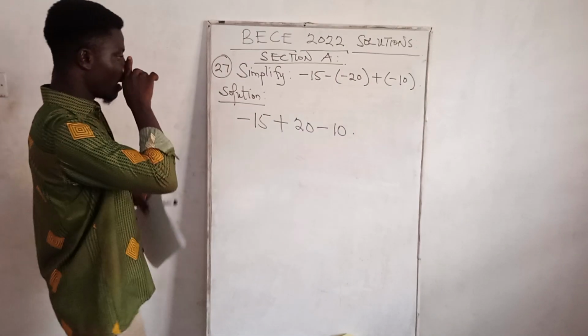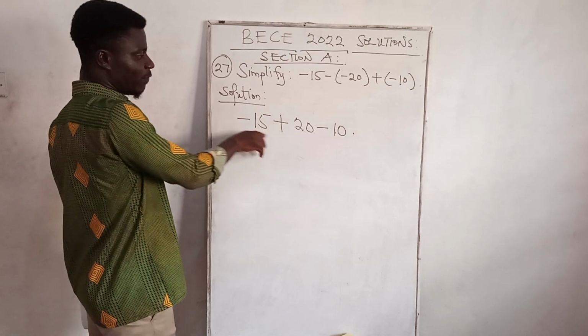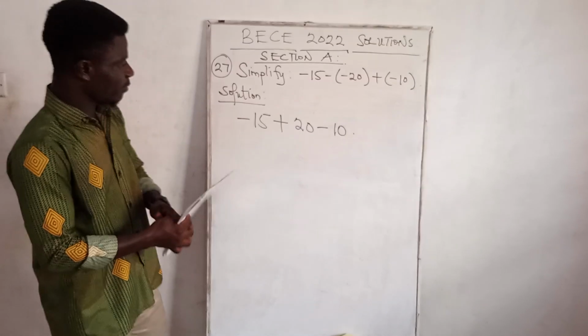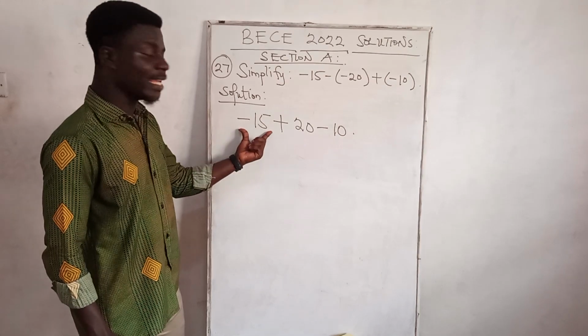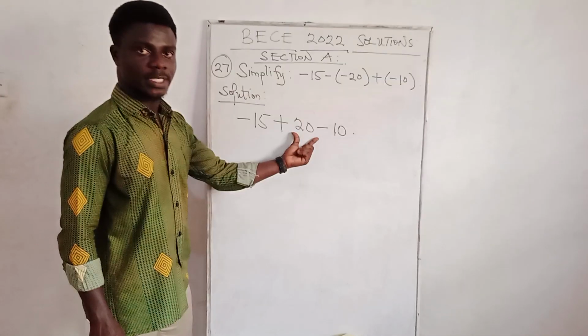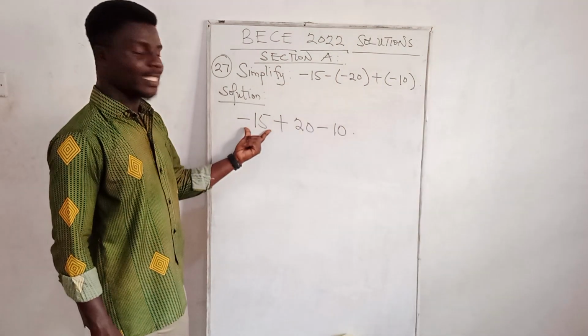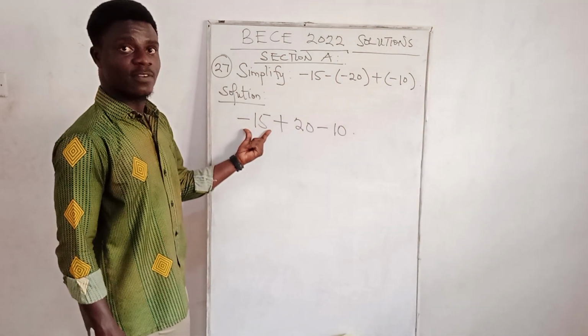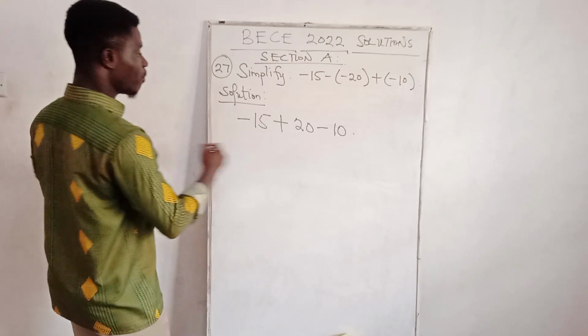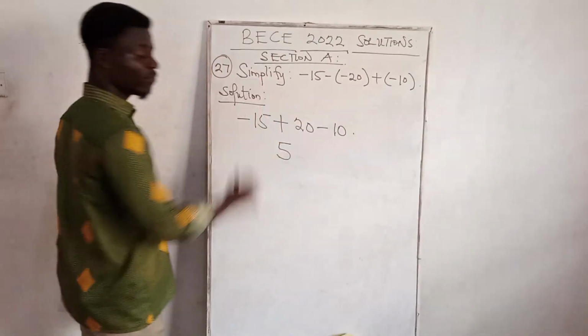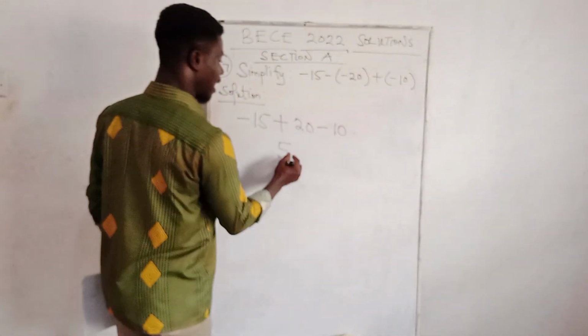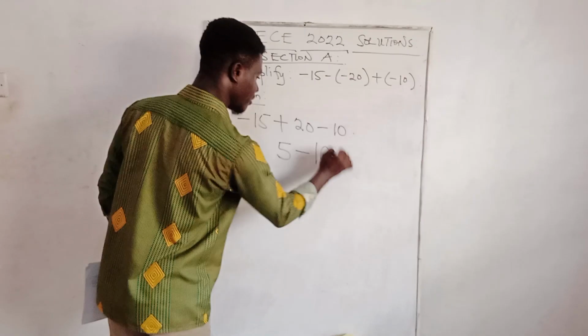So I have negative 15 plus 20. Now, we are adding negative 15 to this 20. Since this 20 is greater than this 15, we get a positive value, which will be positive 5. Then I have minus this 10.